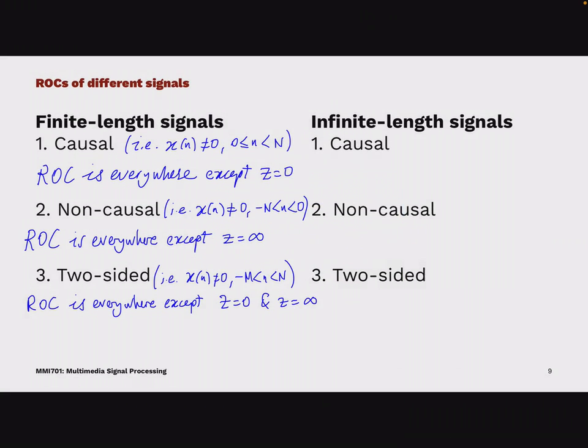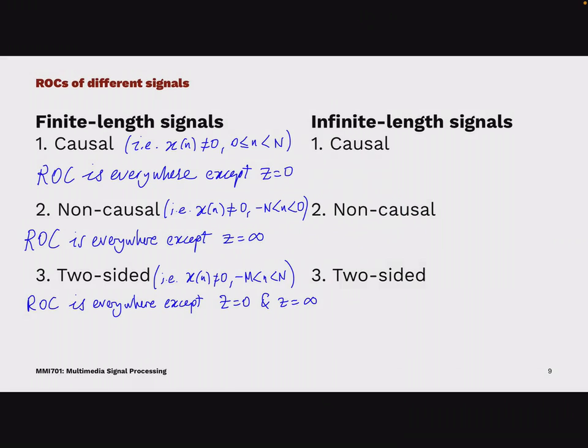So far so good. So we have seen finite length signals and different types of finite length signals, causal, anti-causal, or non-causal, and two-sided signals. And we have specified the regions of convergence without even doing anything else, which is nice.